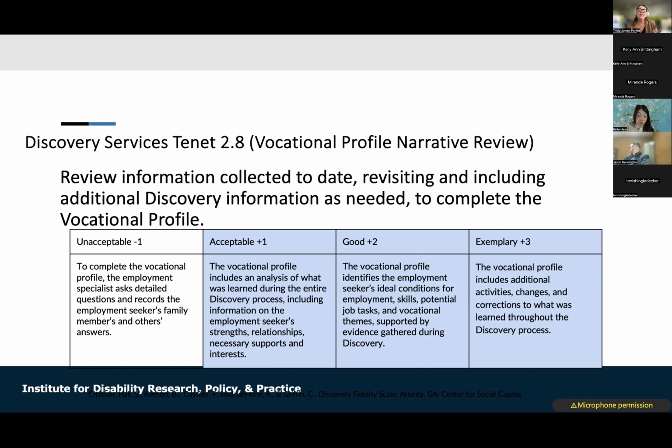And then exemplary is that we include what additional activities we might have done, and that we're showing what some of those corrections might be, or within that evidence, the direction that we shifted, if you did. You just have a real robust, just a lot of evidence that shows what's in this profile and the direction that you're going to go.